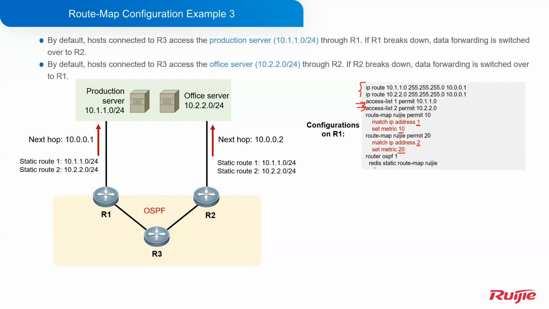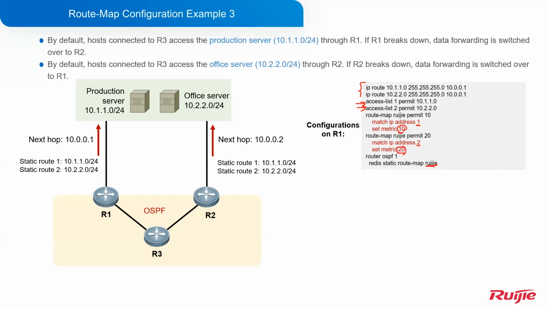And when we redistribute the static route into OSPF on R1, we use the route map we just defined, whose name is Ruijie. So in this case, on R1, the routes matched by ACL 1 will have a higher priority because the metric is 10. And the routes matched by ACL 2 will have a lower priority because the metric is 20.